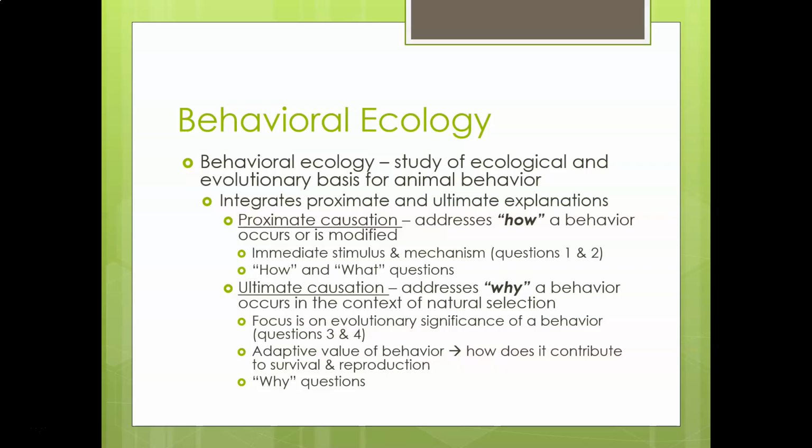And in order for natural selection to work on it, it has to be some sort of genetic component that gets passed on, because it ultimately is only your genes that get passed on from one generation to the next and are capable of shaping the gene pool and the traits of a population. So these are much more why questions. Why are they happening? Why is this helping them succeed? Or why is it not? Why is it perhaps going the opposite direction and getting weeded out of the population because it's more maladaptive than beneficial?